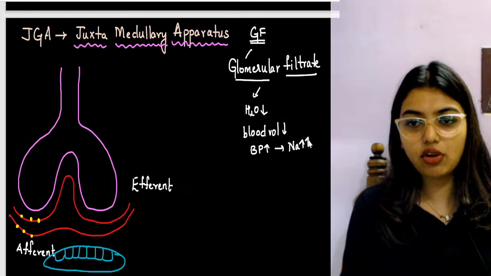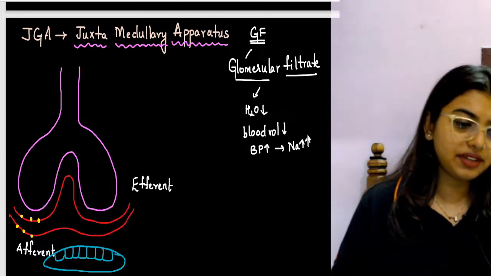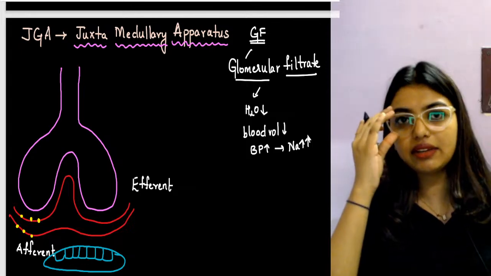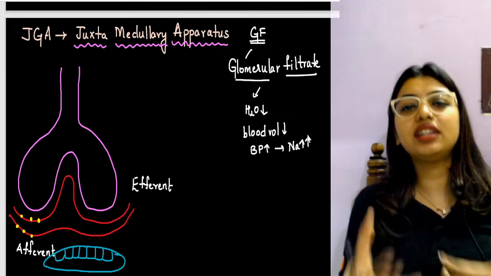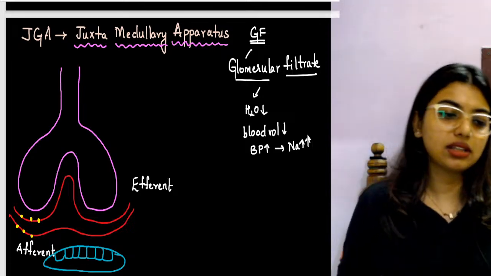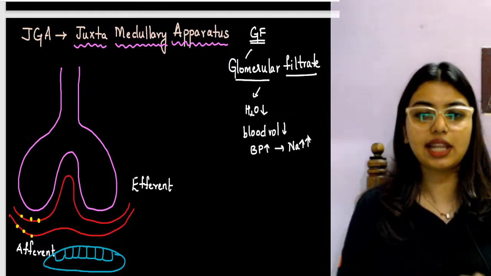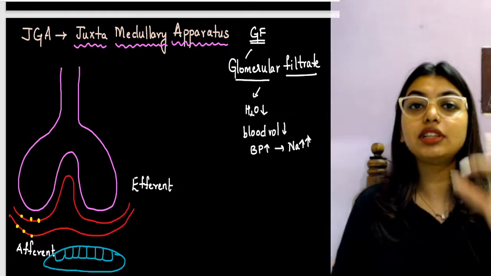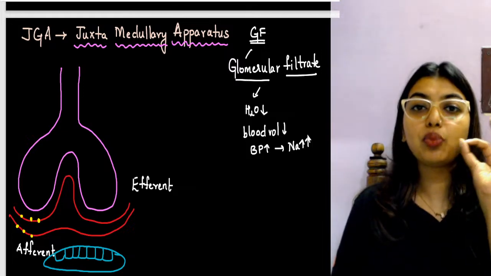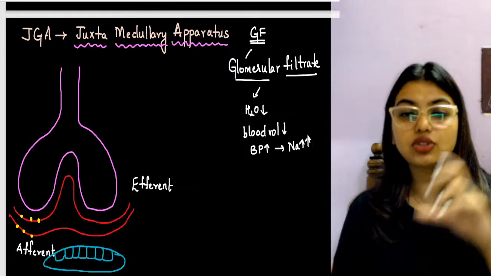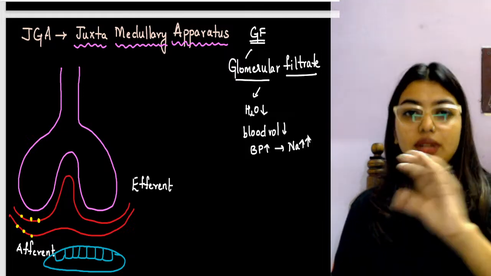Such problems can normally come. When you're making tea every day, the tea will not taste the same, no? Some days the leaves will be more, sometimes sugar will be more. So whenever there is a problem with the glomerular filtrate, there should be one mechanism that will recognize it. That mechanism is called the juxtaglomerular apparatus.